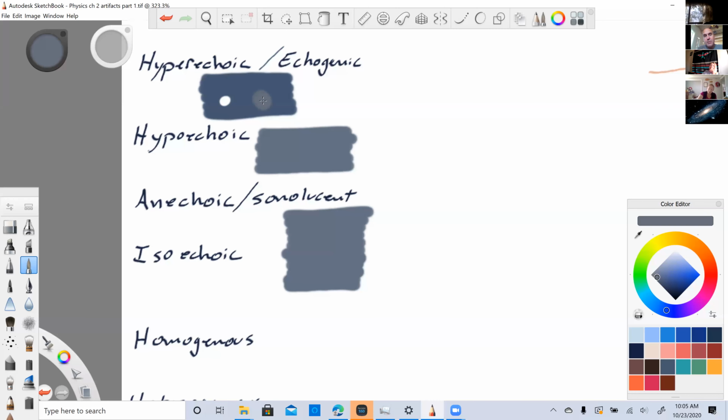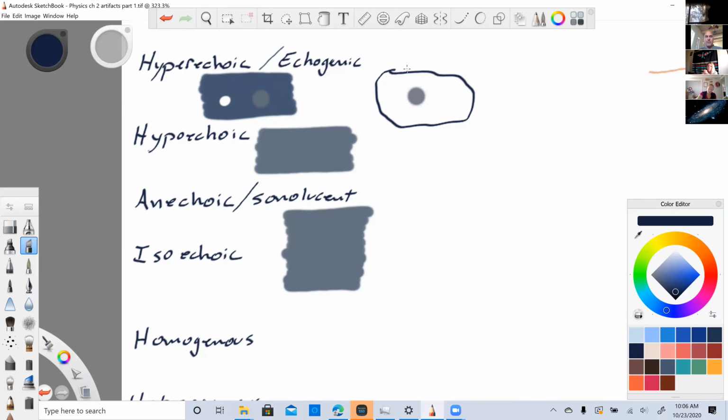So this second dot that I've placed here is brighter than the tissue, so it is still hyperechoic compared to that tissue. It might not be hyperechoic compared to some other tissue. Well, in fact, let's just say this is tissue out here. There's my little piece of tissue, and then there's a circle of darker tissue. It happens to be the same color.